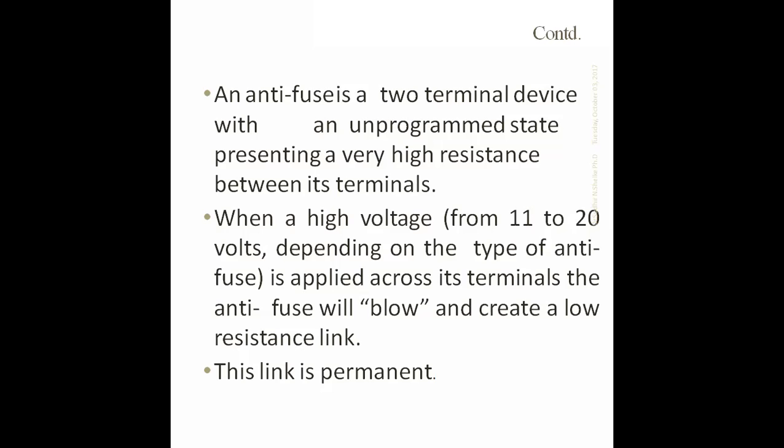When a high voltage of 11 to 12 volts, depending on the type of the antifuse, is applied across its terminals, the antifuse will blow and create a low resistance link between the terminals. This link is permanent. Once you have created a link, you cannot disconnect.